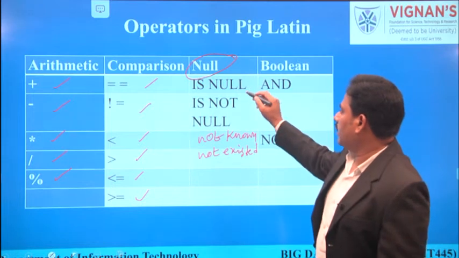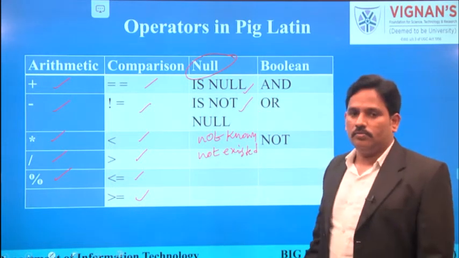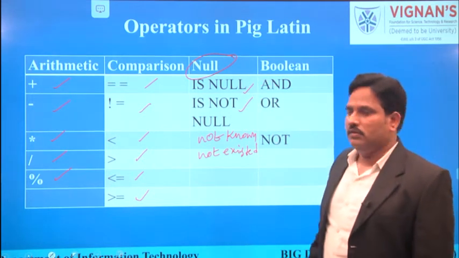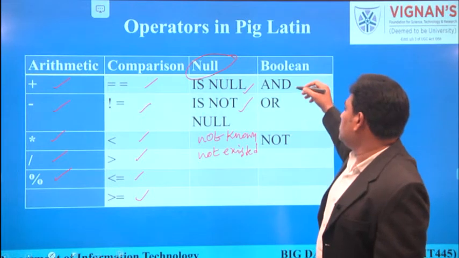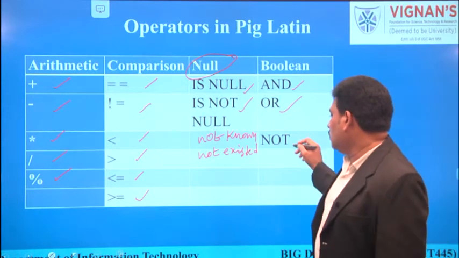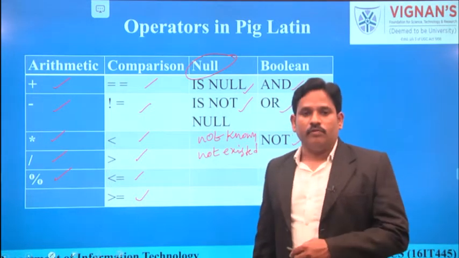So we have is null and is not null. These 2 can be used for conditional checking or comparison. And special operators are Boolean operators, and, or, not operators, which can also be performed in Pig Latin environment.